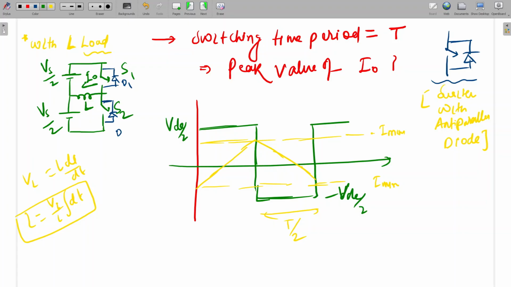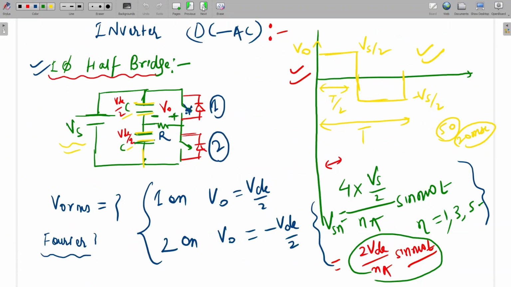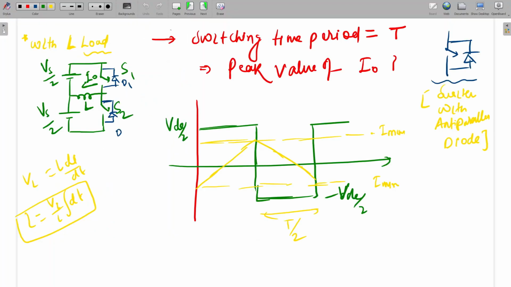So we'll see, if VDC by 2 is there, the output voltage is... where is the output voltage? Plus and minus, that is what we have taken previously. This side plus, this side minus. So current is positive means which will conduct?